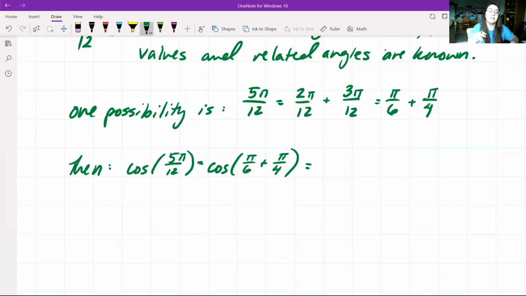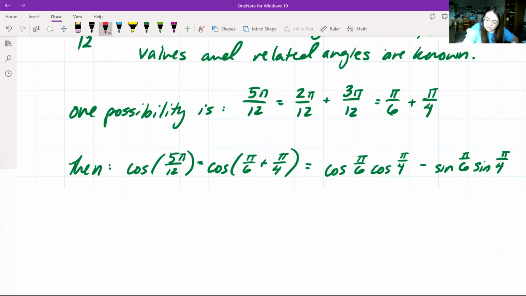which then using, in this case, our sum formula, is going to simplify to cosine of pi over 6 times cosine of pi over 4 minus sine of pi over 6 times sine of pi over 4.